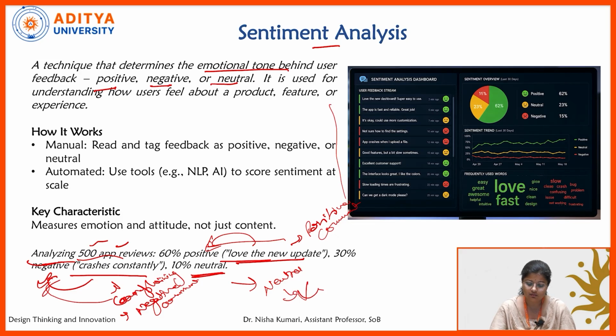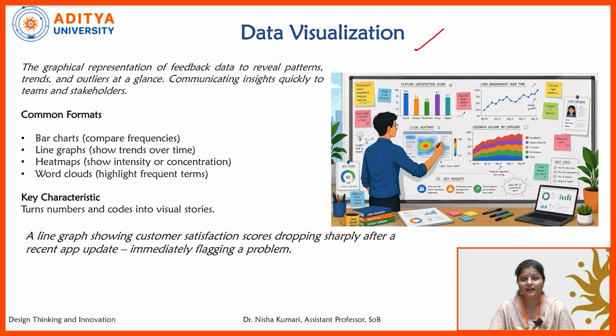Likewise, we conduct sentiment analysis based on the reviews we got on the portal from the users. Sentiment analysis helps to understand the emotions and the attitude of the users or the customers. The third one is data visualization.